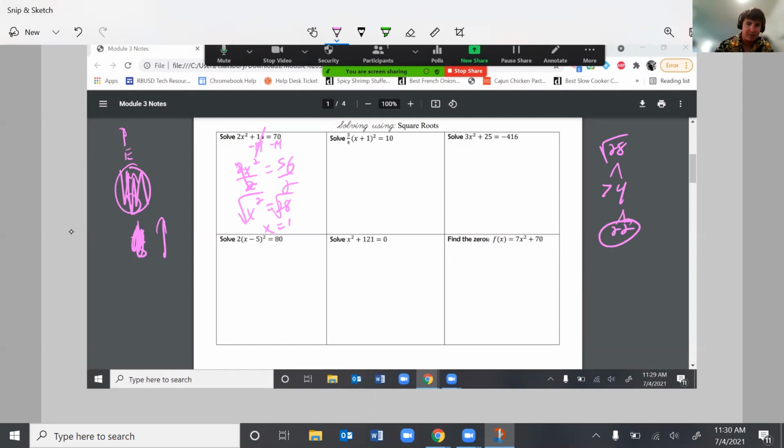So that simplifies to be plus or minus, because whenever we take the square root of something, we do plus or minus, because 2 squared is equal to 4, but negative 2 squared is still equal to positive 4. So the plus or minus of 2 radical 7. We can never forget that plus or minus. So there we go for the first problem. I'm going to do the next one and have you try the bottom 2 on your own.